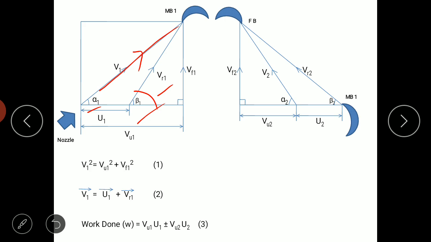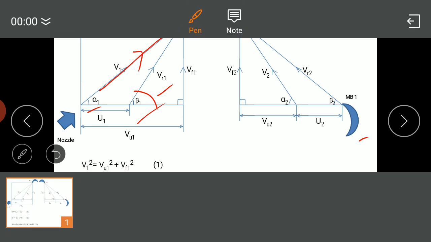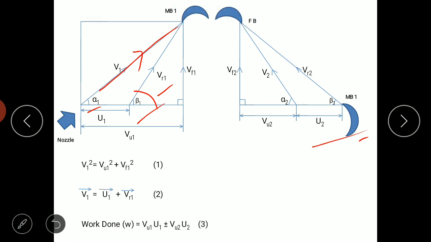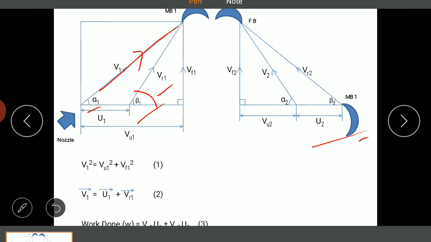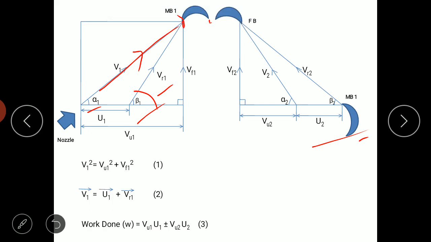So this is the inlet part. You can see this is the inlet point, whereas this will be the outlet point. It comes out with an angle beta 2, relative velocity vr2. Further, it enters the next set of fixed blades with an angle alpha 2 and velocity v2. So this is how we draw the velocity triangle.